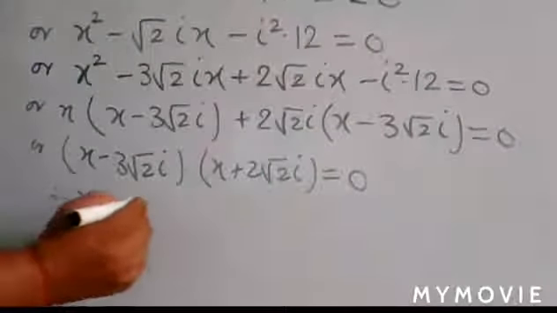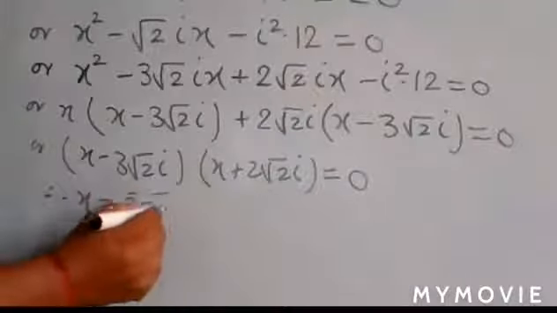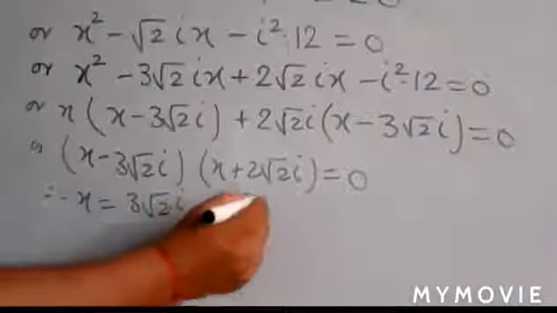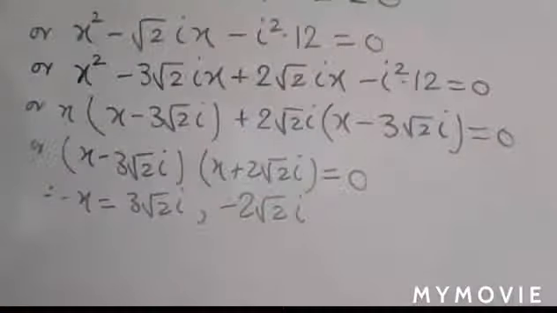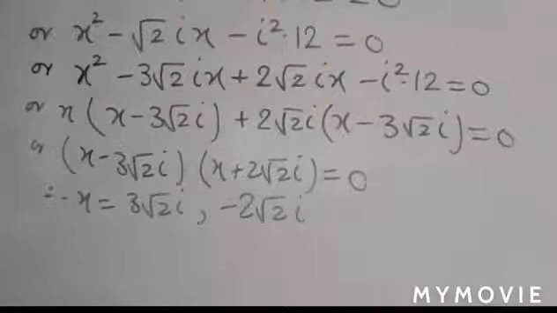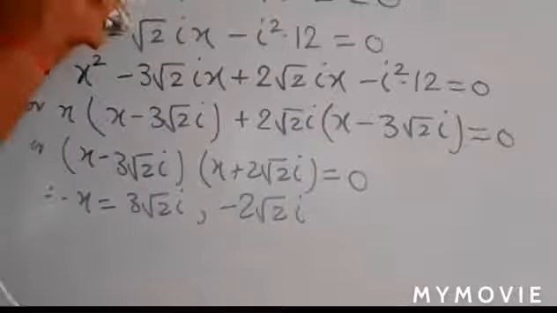So the value of x is equal to 3 root 2i and minus 2 root 2i. Note it. Okay. Yes, right. Next.